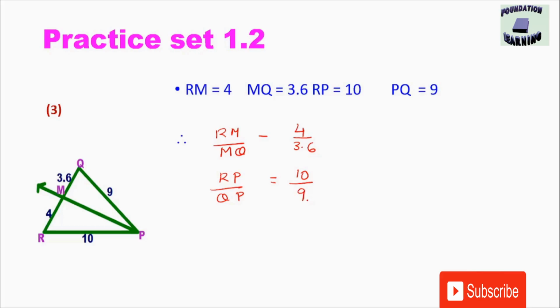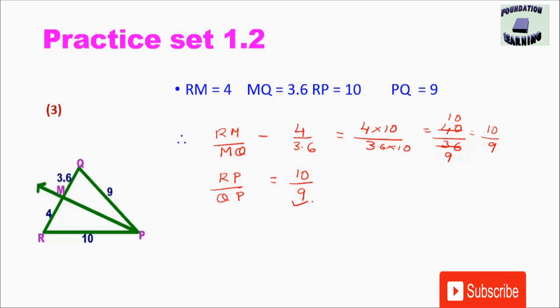Okay. Now we'll check the values. Now what we have to do is multiply by 10, because the denominator has a decimal. 3.6 into 10. Now what did you get? You got 40 upon 36. 4 tens are 40, 4 nines are 36. So the first ratio is 10 upon 9.